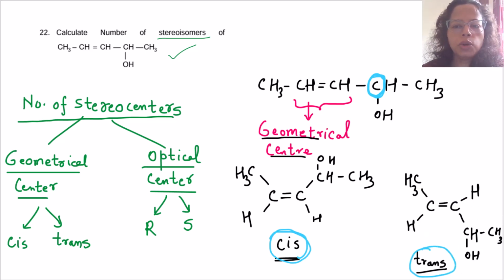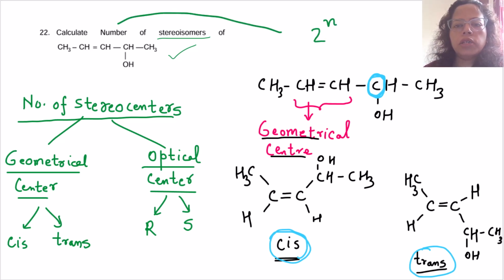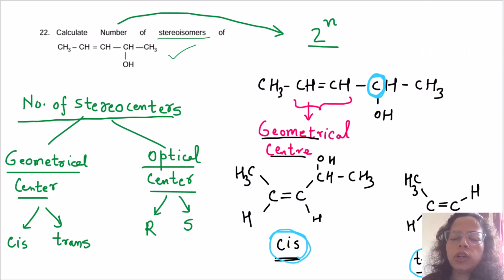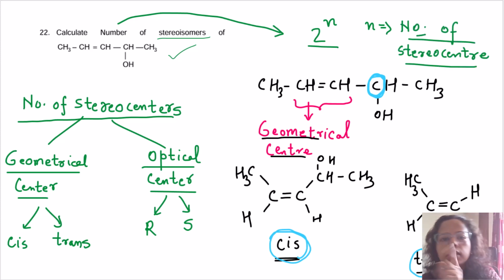You know that there is a formula from where we calculate the number of stereoisomers, and that is 2 to the power n. And what is this n? n is the number of stereo centers. In this particular molecule, how many stereo centers do we have?